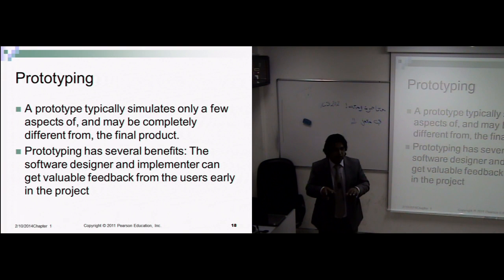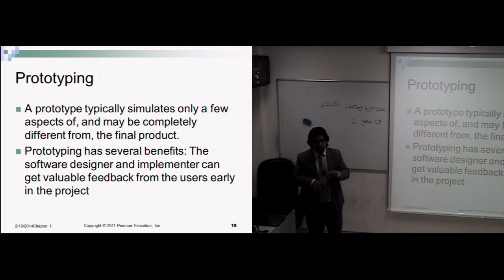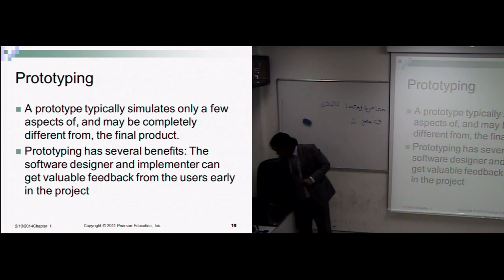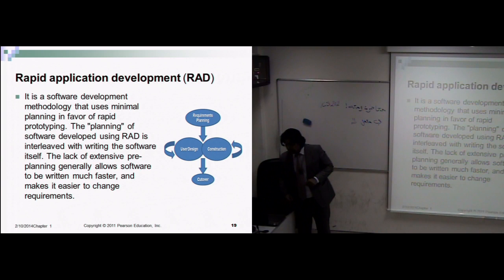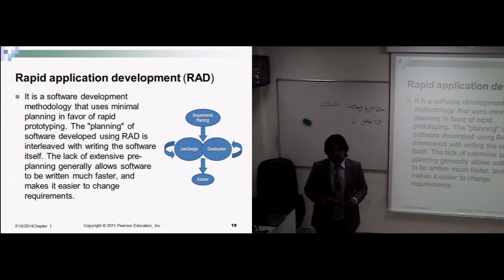Then according to those requirements, they make changes and send it back to the user. Normally these prototypes are required to follow a methodology called RAD, Rapid Application Development. Rapid Application Development is a methodology that is followed when there is a very short amount of time.